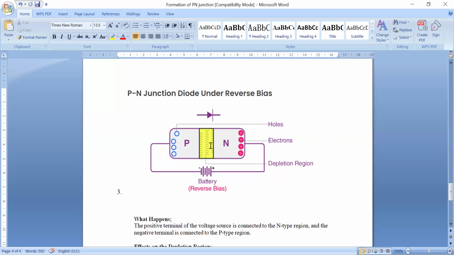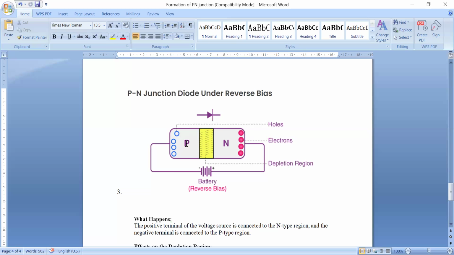So the electrons and holes are pulled away from the junction. Holes start moving towards the negative terminal of the battery, and the electrons are pulled away from the junction, which prevents their movement across the junction. So no electrons and holes are crossing the junction. But a very small leakage current flows due to the minority carriers, because electrons are the minority carrier in the p-type region and holes are the minority carrier in the n-type region.